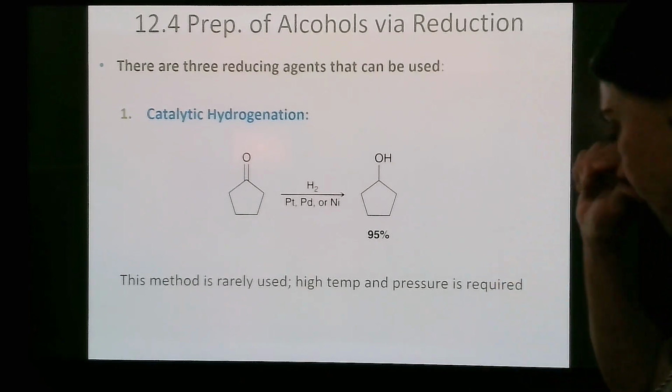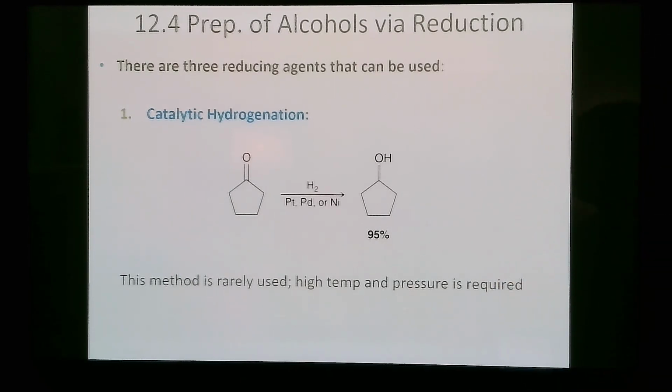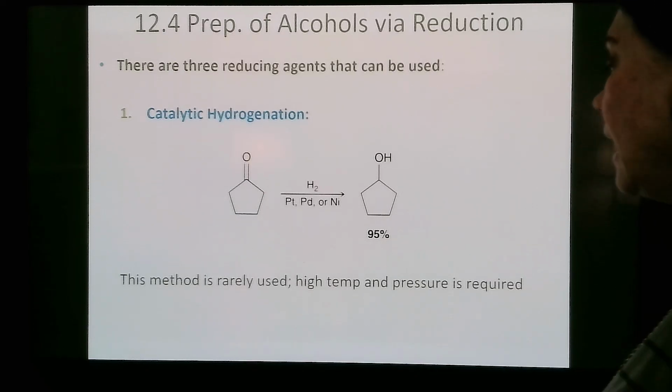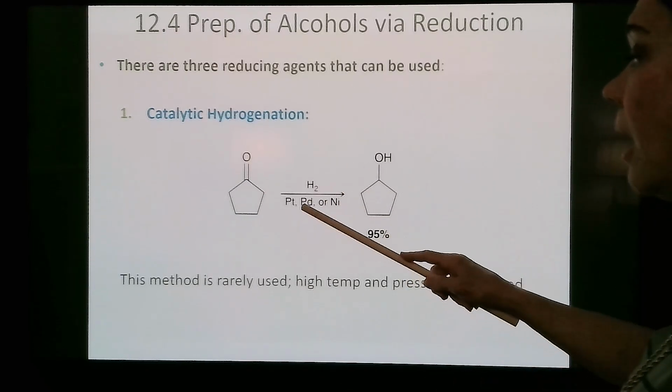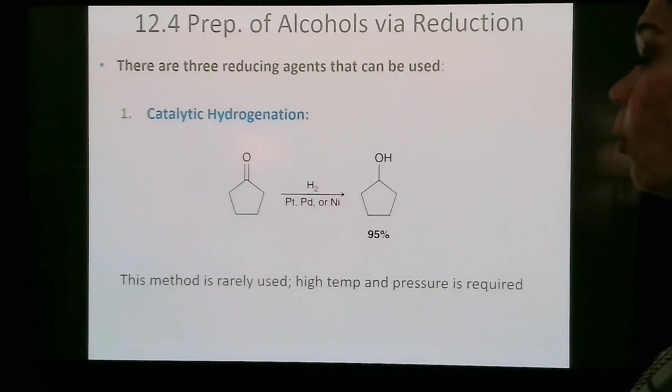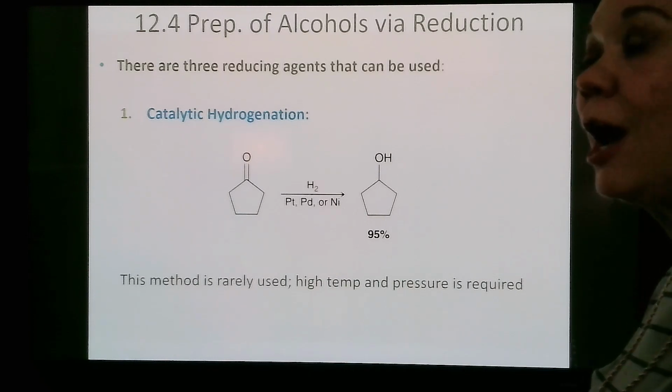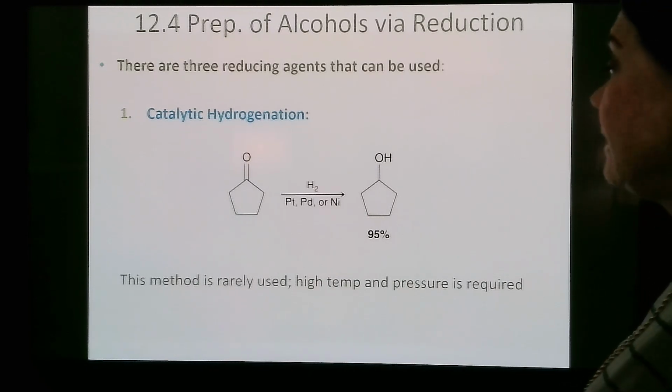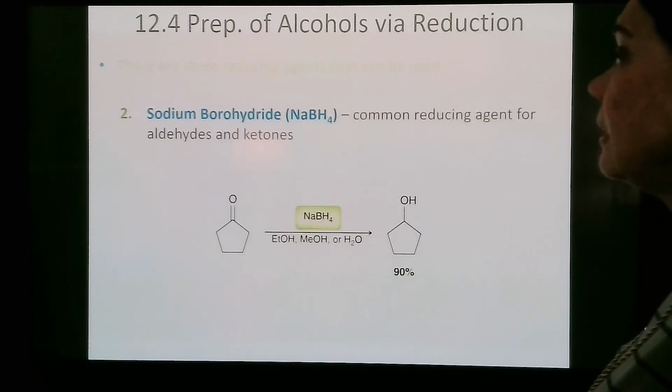So let's look at the first one. The first one, as you might expect, is catalytic hydrogenation. That's one of the most common reducing agents, and it's one that you've probably seen a lot. It does work, but it's not used so much because high temperature and pressure is required, and there are just other easier and safer ways to accomplish this.